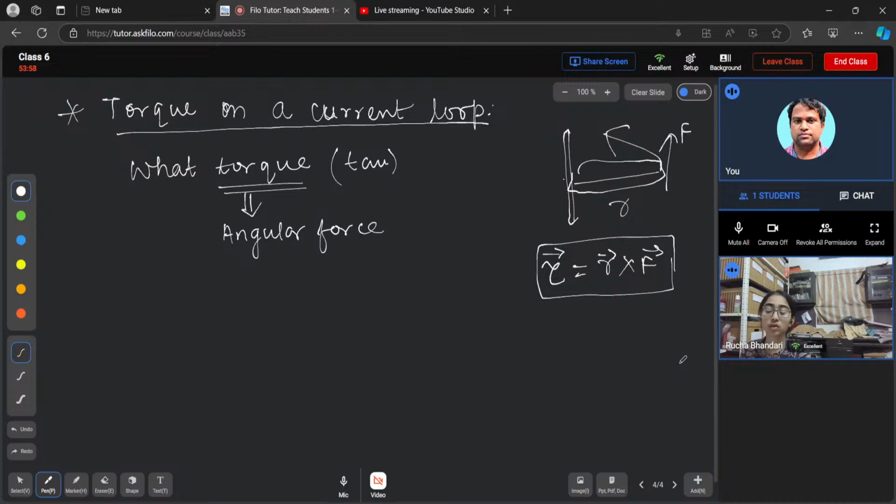It has a lot of applications, and the construction of motors is an advancement of this science.